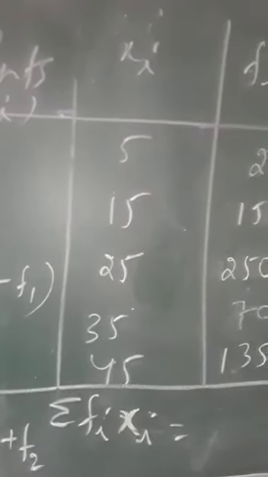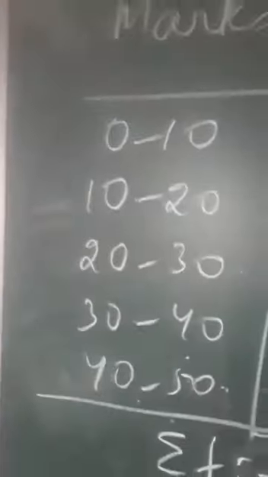Now, we have to find out fi and xi. Again, we have to find out xi. In this question also, we obtain xi by obtaining the class marks of the given class intervals. By obtaining the class mark, we will find the product of fi and xi.